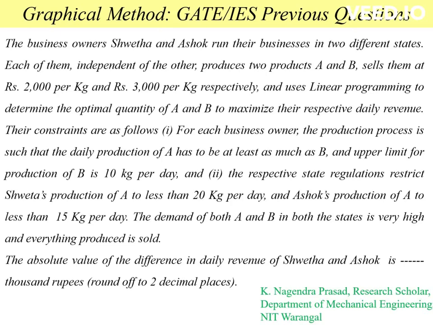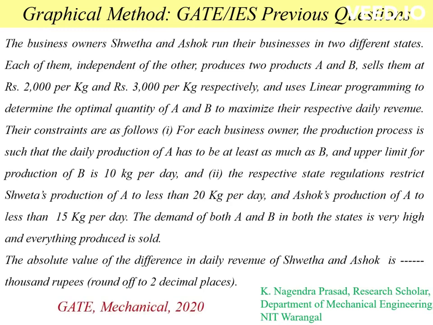Second constraint is, the respective state regulations restrict Shweta's production of A to less than 20 kg per day and Ashok's production of A to less than 15 kg per day. The demand of both A and B in both these states is very high and everything produced is sold. The absolute value of the difference in daily revenue of Shweta and Ashok is dash 1000 rupees.